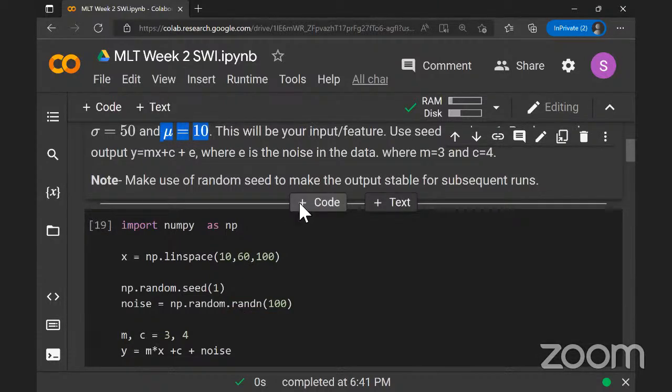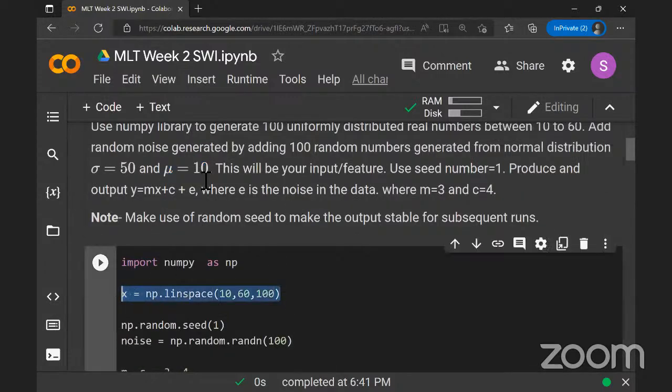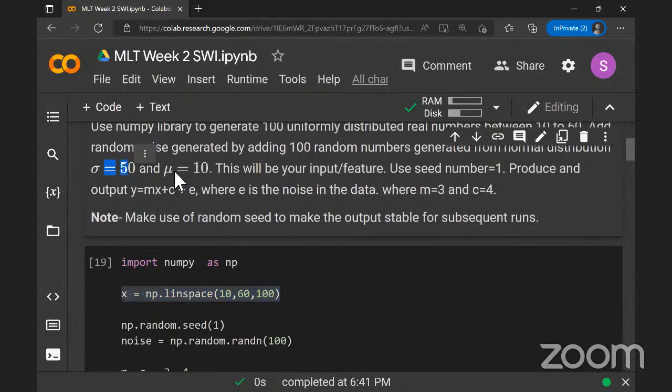Generate between minus 40 and 60? Think about this. We are generating the noise from a standard normal distribution, and we want standard deviation 50 and mean 10.